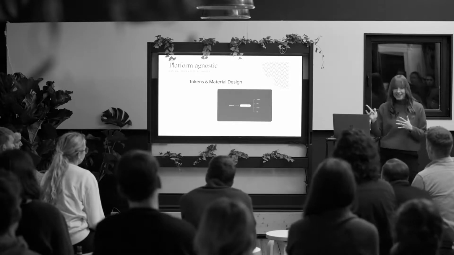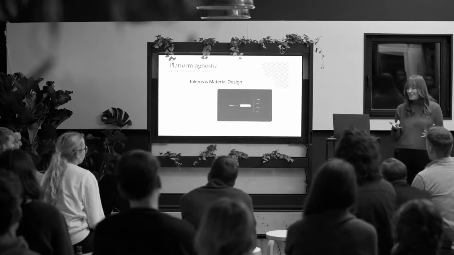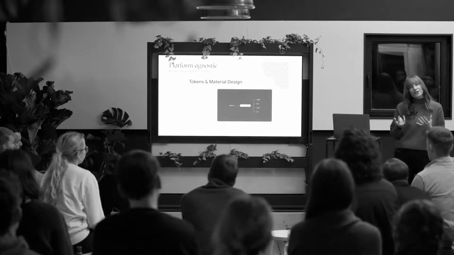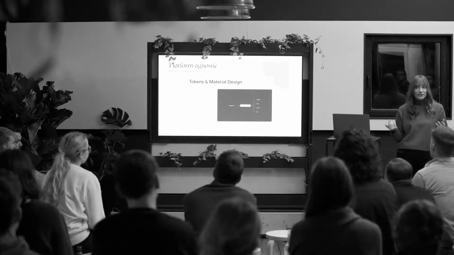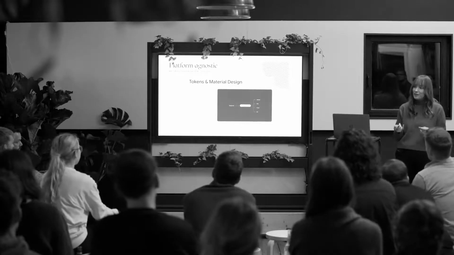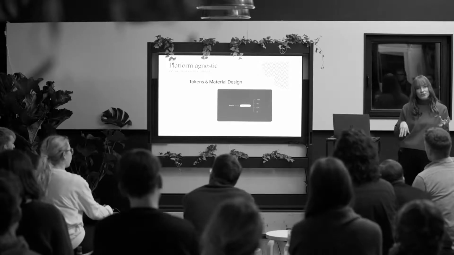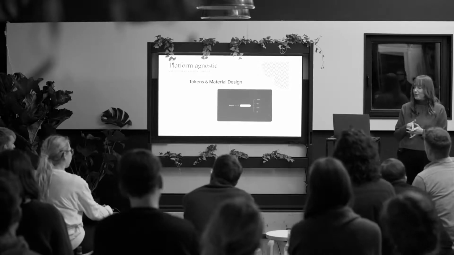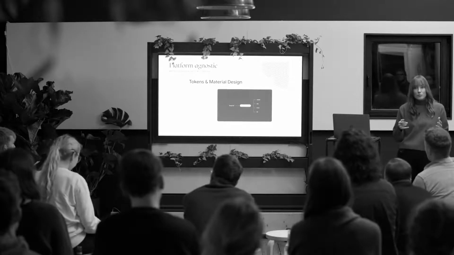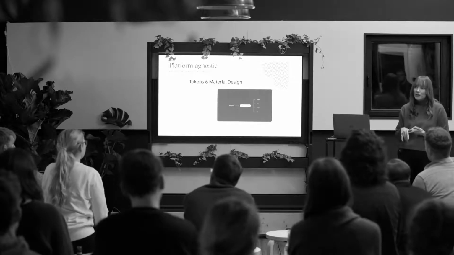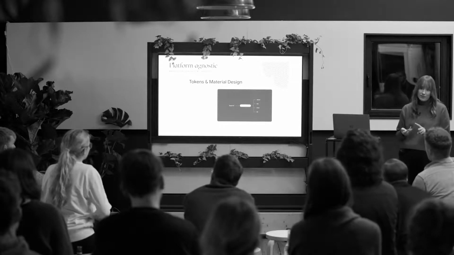So this brings me to the next thing, platform agnostic. What does that mean? So we use tokens as a universal language between design and code, so that design tools and code can speak the same language. So it doesn't really matter anymore which design tool you're using. Do you code in Android, iOS, or web?